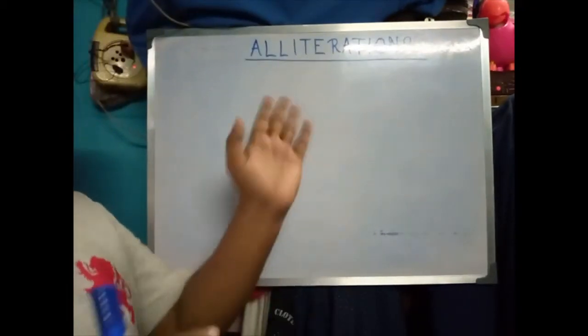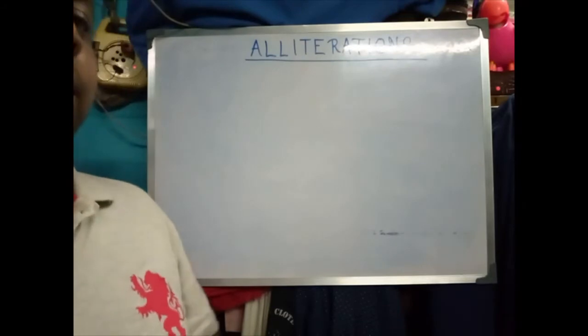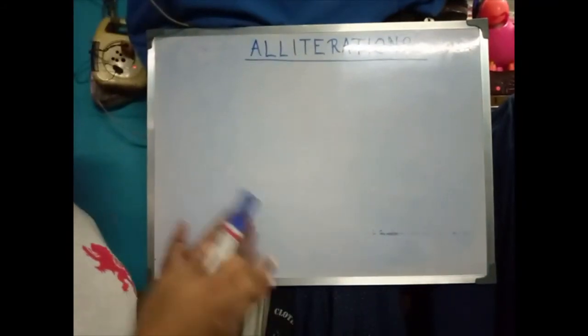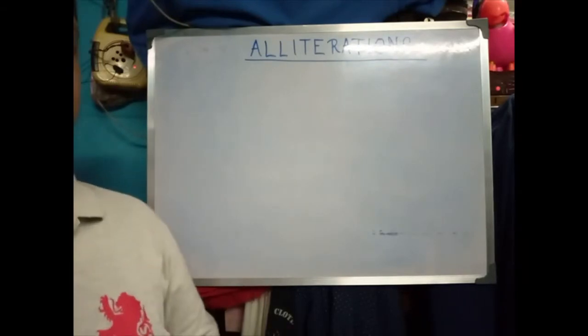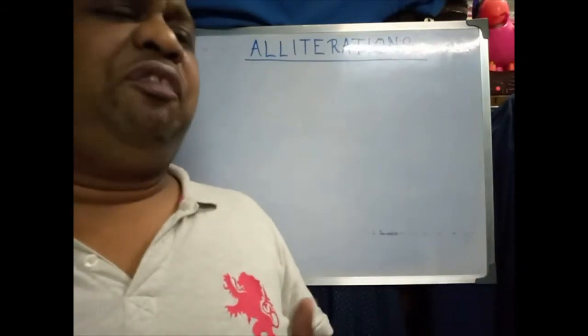I have already covered this topic before, but because there was no video on this topic, I decided to make this video. Generally, what is alliteration? Alliteration is a figure of speech in English where repetition occurs. How does repetition occur? I am showing you with a proper example. Pay attention.